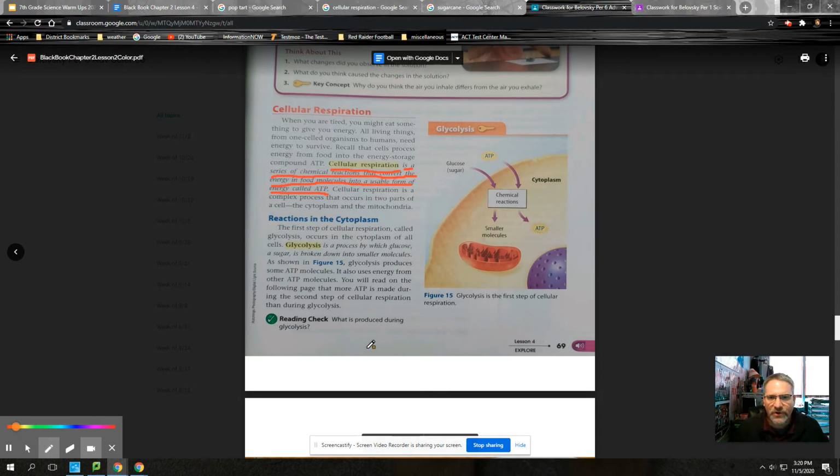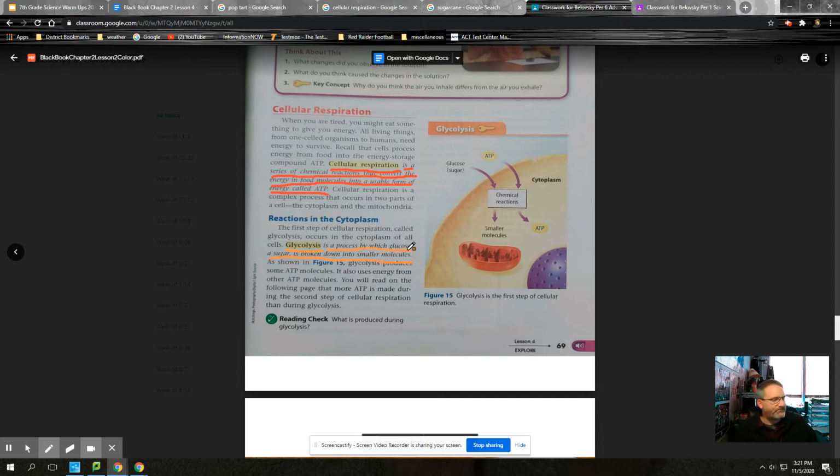Now, the next word here, and I always have trouble saying this, is glycolysis. In your notebook: glycolysis is a process by which glucose, remember that is sugar, is broken down into smaller molecules.